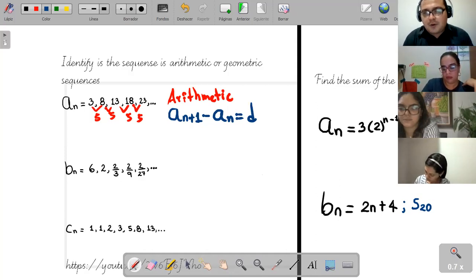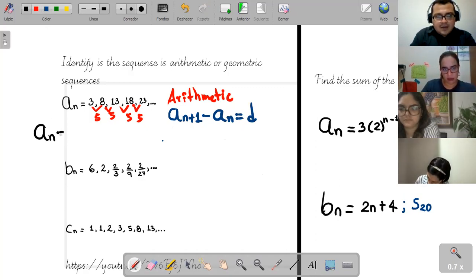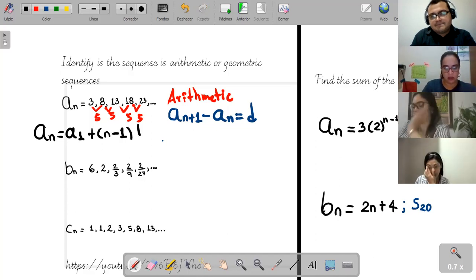I agree with you right now, concluding that this is arithmetic, just because of the time, okay? What happened with the other one? Of course, your job is to find out what a sub n is. How can you find it? Okay, you have the formula over there. If you don't remember the formula, it is a sub n equals your first term plus n minus 1 times d.